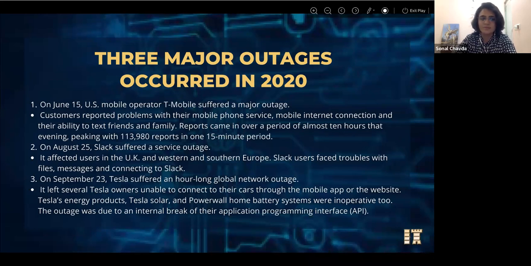Slack users faced troubles with files, messages, and connecting to Slack. And the same year, even Tesla, an American multinational automotive company, suffered a global network outage. It left the owners unable to connect to their cars through the mobile app or the website.